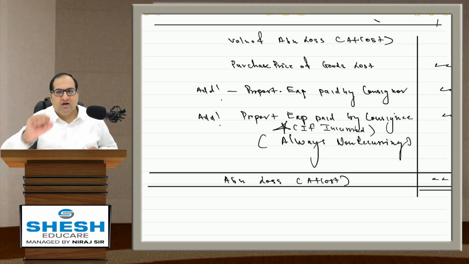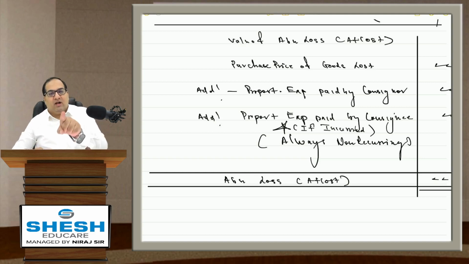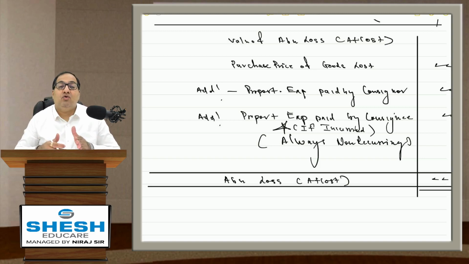That means whatever non-recurring expenses he has incurred, it was only on 95 TV sets. And I am trying to find out the cost of the 5 TV sets which are robbed before consignee took the delivery. So before the delivery, only those 5 pieces were lost, robbed. Consignee spent money only on 95.